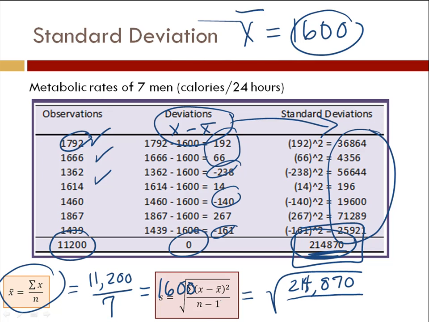And then the denominator is the sample size minus 1, in this case 7 minus 1. So when we take 214,870 and divide it by 6, and then we take the square root, we will end up getting 189.2. And that is our sample standard deviation.